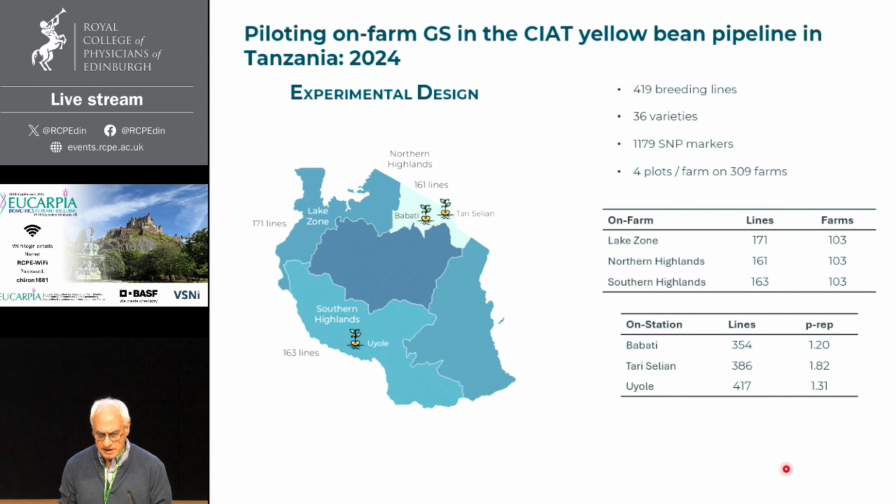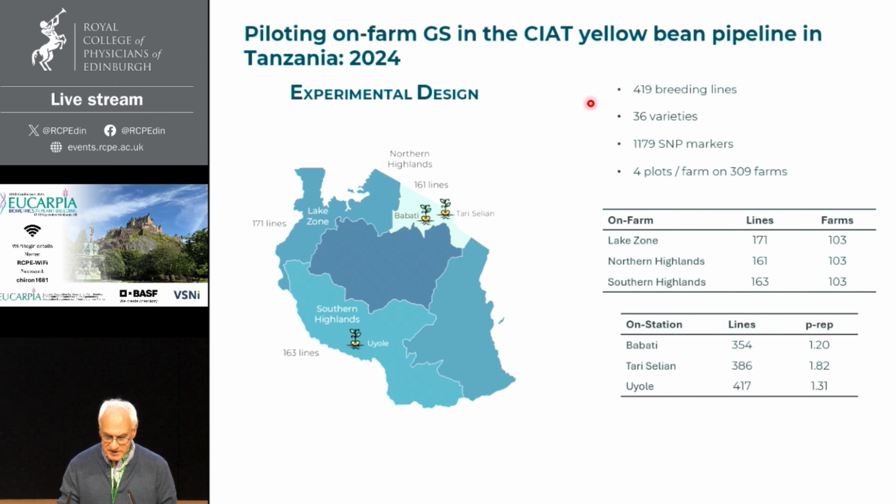I'll present the results of the first year of bean work today. We've got 2 years of results from maize, but it's a more complicated story with several heterotic groups, and we had essentially a failure in the second year as a result of the El Nino drought in 2024.